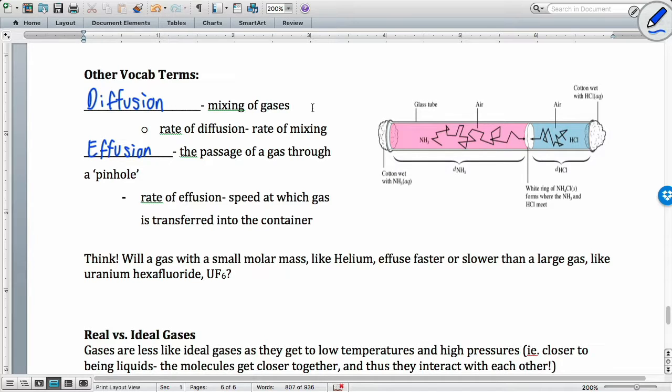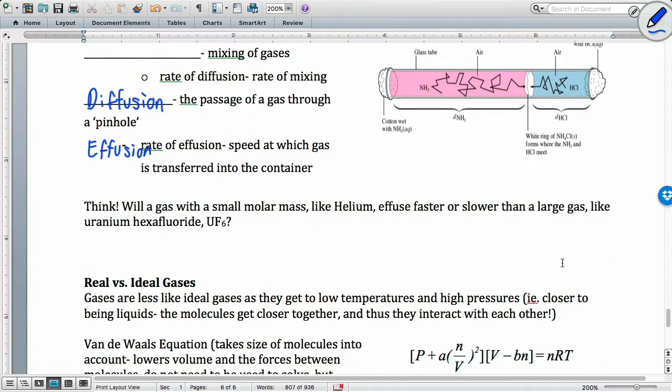So those are 2 other terms you might think of. Now I want you to think for a second. Will a gas with a small molar mass, like helium, move faster or effuse faster or slower than a large gas, like uranium hexafluoride, UF6? That's a really large gas. Which one will effuse or move faster?